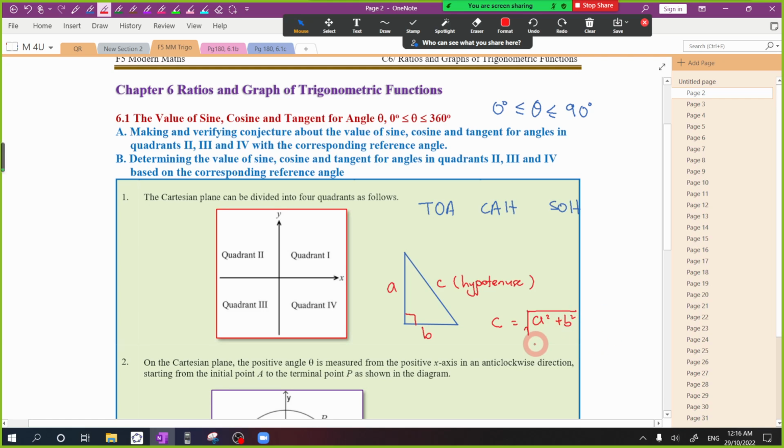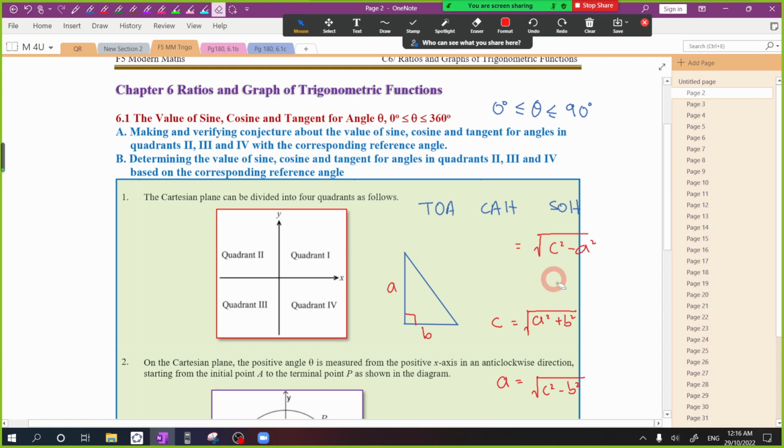If you want to find the length for the shorter side, we use minus. For example, a shorter side is equal to square root of c squared minus b squared. If you want to find the side length for b, shorter side, also minus. b is equal to square root of c squared minus a squared. This one you learn in Form 3. I hope that you still remember.